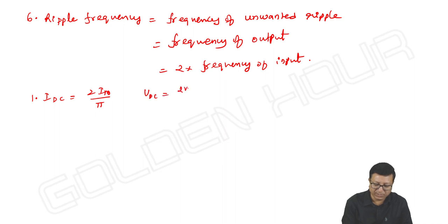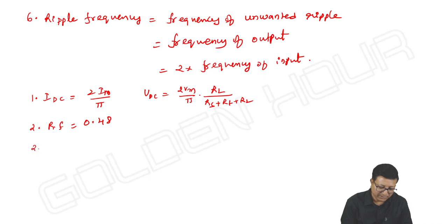It is 2Vm by pi into RL by RS plus RF plus RL. We have seen. Next, ripple factor. It is better compared to half wave rectifier. Anyway, the percentage regulation is the same as that of half wave rectifier, RS plus RF by RL minimum into 100.